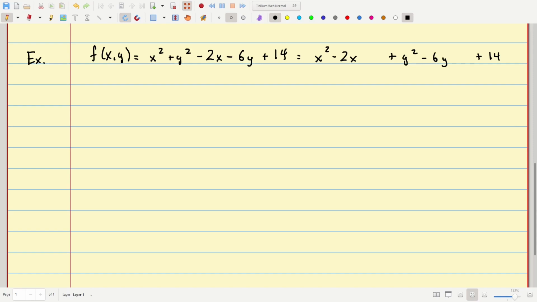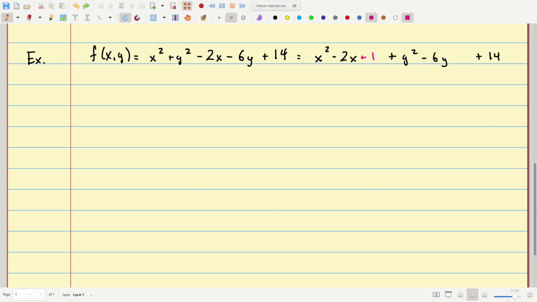Because this would tell us a lot about what this function looks like. So here, we want this to say plus 1, right? It will give us x minus 1 quantity squared just by looking at half of this number squared, right?